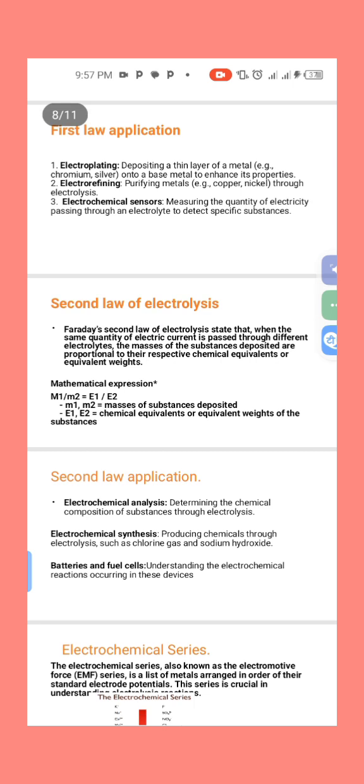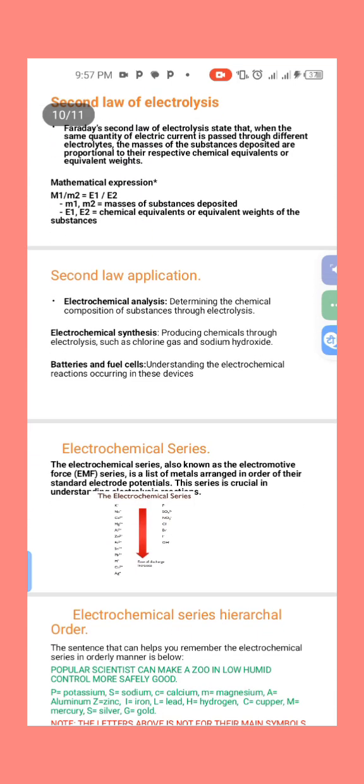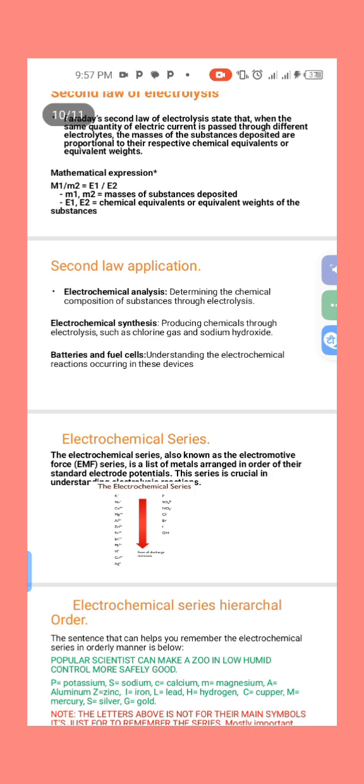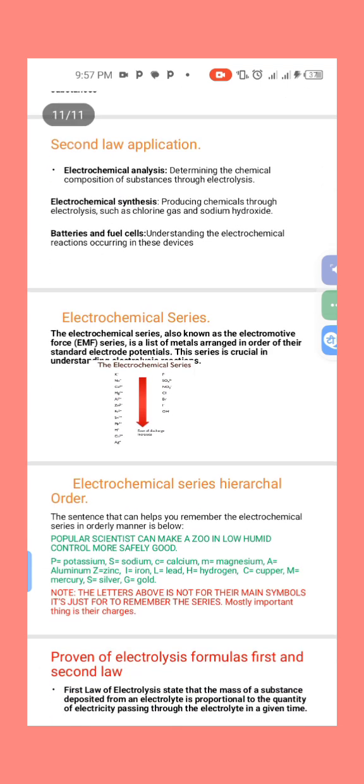This is given as the mass of substance 1 divided by the mass of substance 2 equals the mole of substance 1 divided by the mole of substance 2. Now, the applications of the second law are the electrochemical series for electrochemical analysis, then electrochemical synthesis, batteries and fuel cells. So these are their applications.